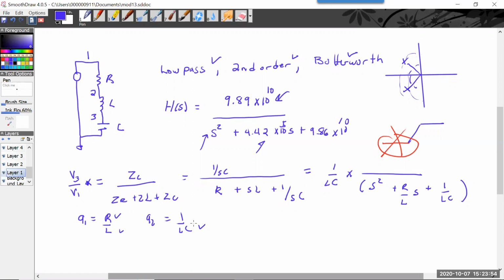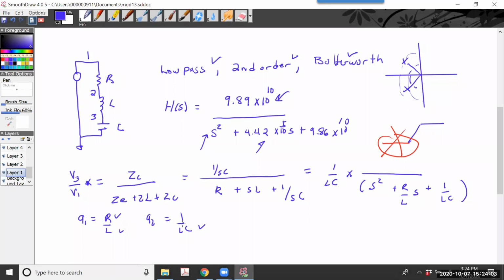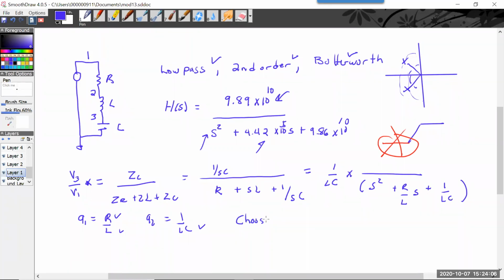And as I mentioned last time: choose L, calculate C, calculate R, evaluate the design. Is R greater than 2K?